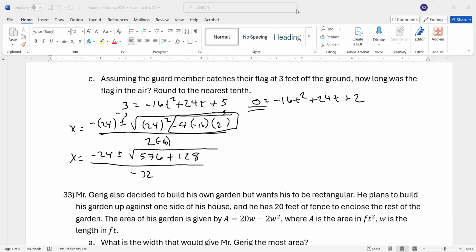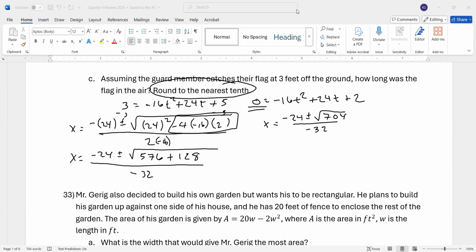Okay, so x equals, again, this is t equals, but same thing. So negative 24 plus or minus the square root of, those two numbers added up is 704, divided by negative 32.